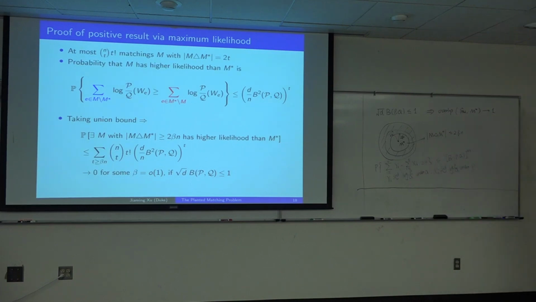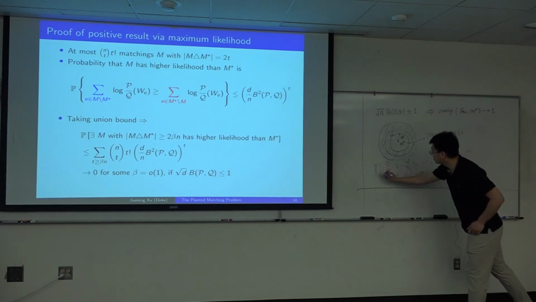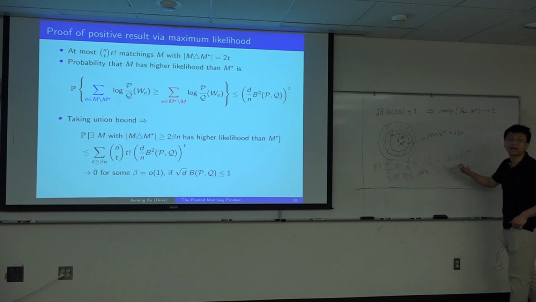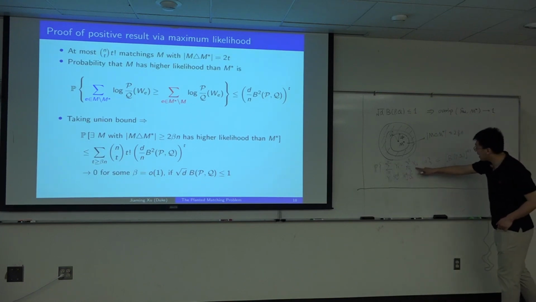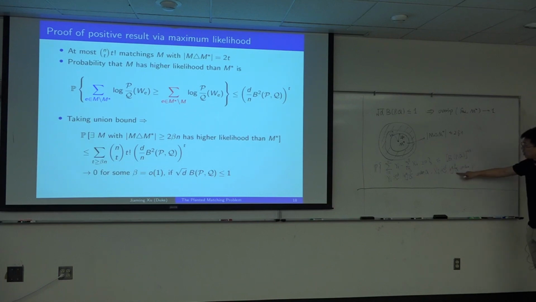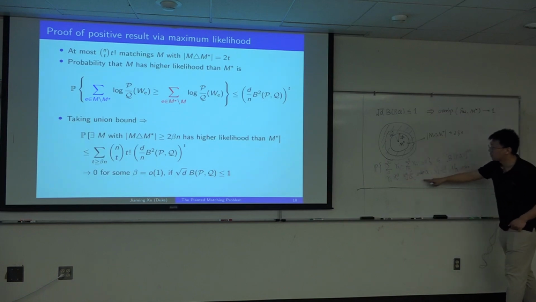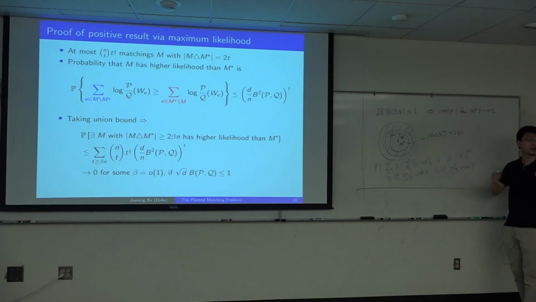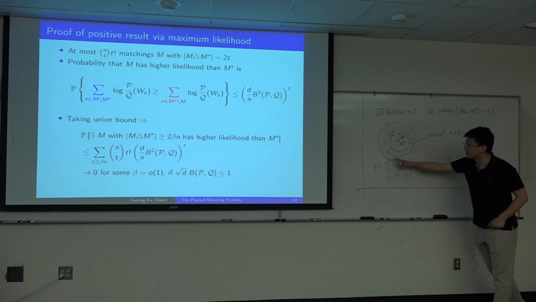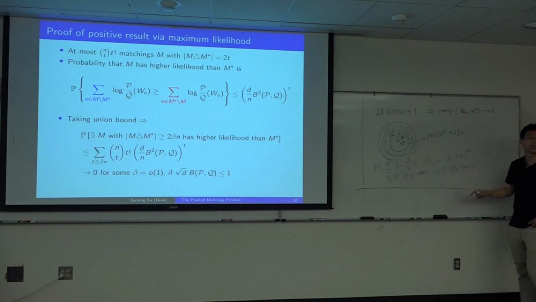So this Bhattacharyya coefficient actually comes from this large deviation analysis. Think about you have a bunch of i.i.d. random variables. The xi are i.i.d. according to the log likelihood ratio under distribution P, and the yi are the log likelihood ratio under distribution Q. So you have these two sets of independent random variables. You ask what's the probability that the sum of yi is bigger than the sum of xi.